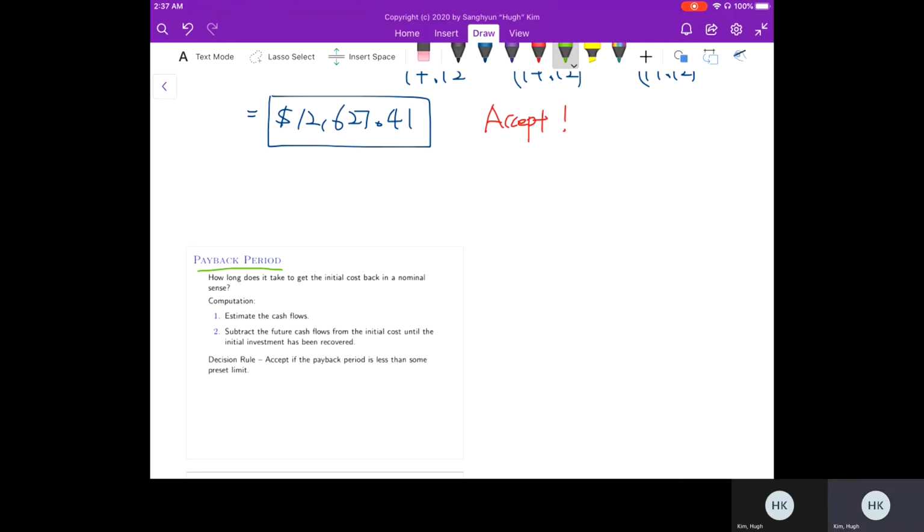The computation is very simple. First, we have to estimate future cash flows as before. Then we subtract future cash flows from the initial cost until the initial investment has been recovered. We accept the project if the payback period is less than some specified period of time.